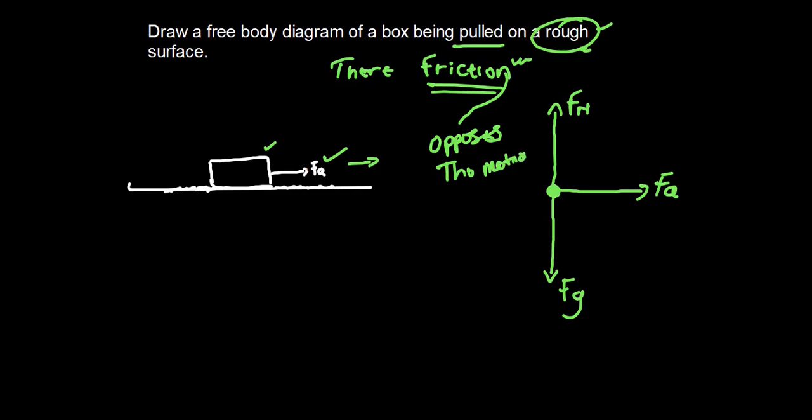So since it opposes the motion, and our box is going into this direction, it means our frictional force will go into the opposite direction. Now we put our frictional force on our free body diagram, and this is our frictional force. Then we label it frictional force, and that's how you draw your free body diagram.